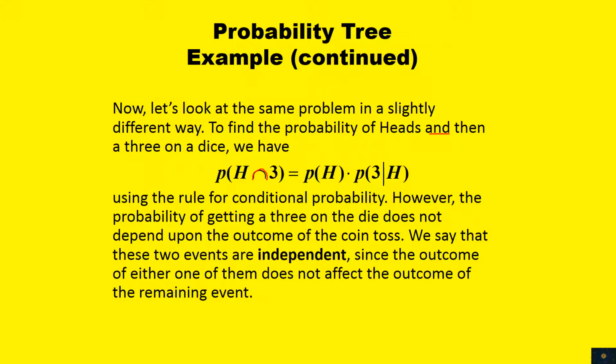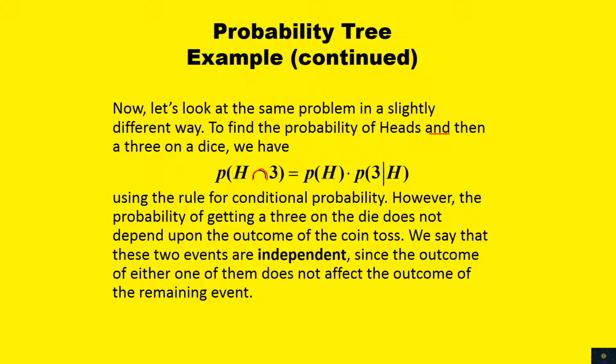Now, the probability of getting a 3 on the die does not depend on the outcome of the coin toss. We say that these two events are independent, since the outcome of either one of them does not affect the outcome of the remaining event. They have nothing to do with each other.